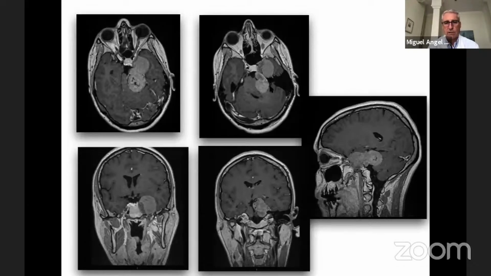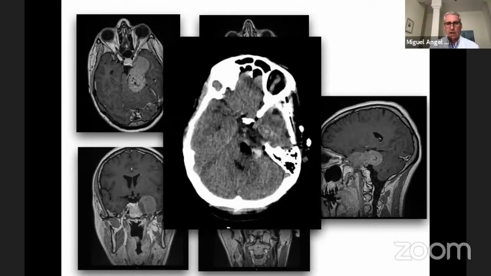You have to cut the tentorium a little bit, and you will have a very nice exposure of the lateral aspect of the brainstem and also the anterior aspect of the cerebellopontine region. This is a CT scan immediately after removal of the lesion. Histology, meningioma, clear cell meningioma that is going to be sent to radiotherapy.